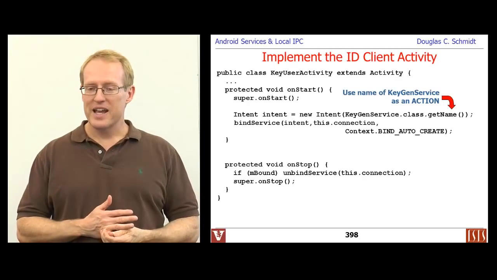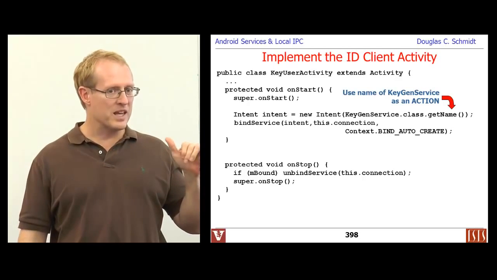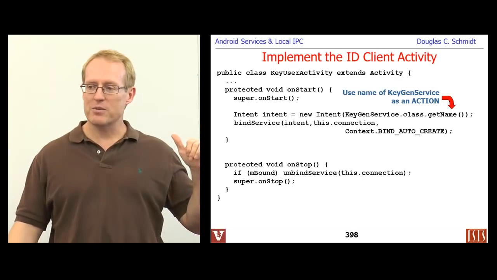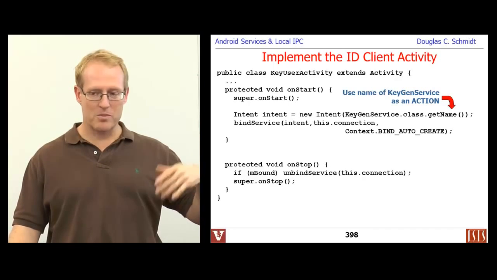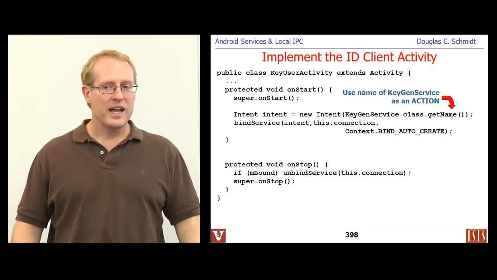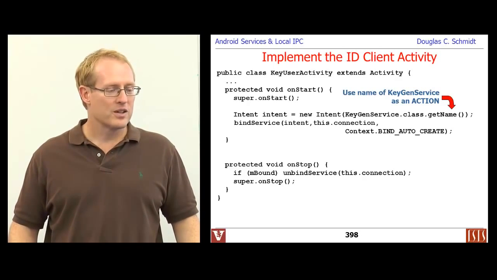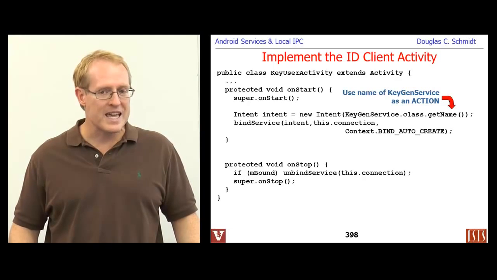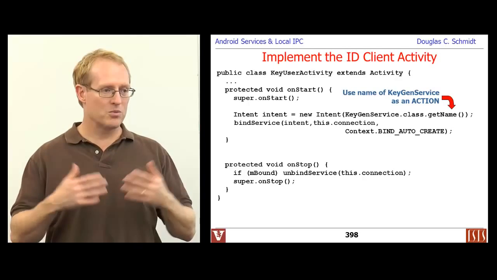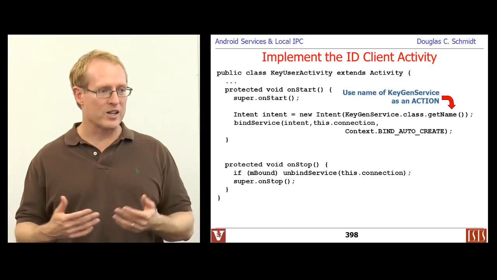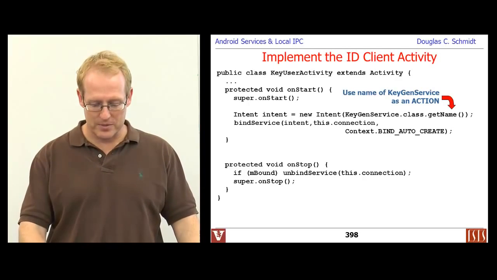So what this means, as we'll see shortly, is we have to make sure that the manifest file for the service that's going to be started has an intent filter that is going to basically key off of its name. And it's going to use this in order to limit the number of people who can start it. You have to be able to know its name in order to talk to it.